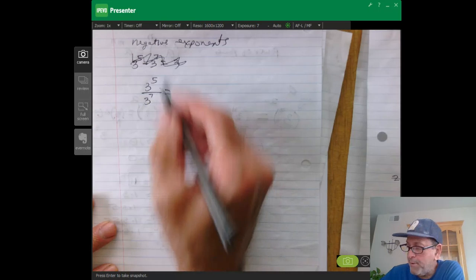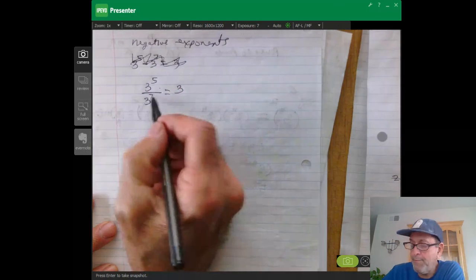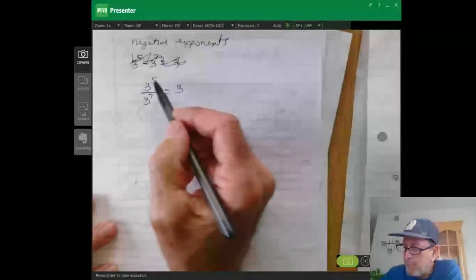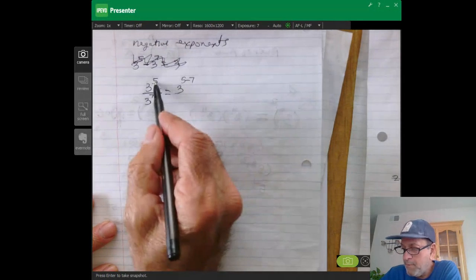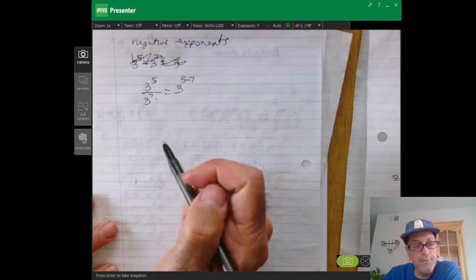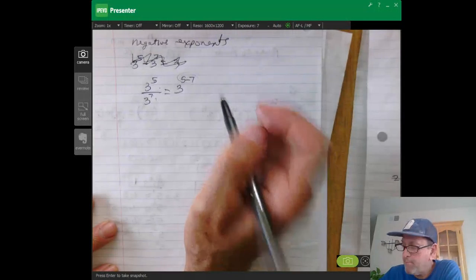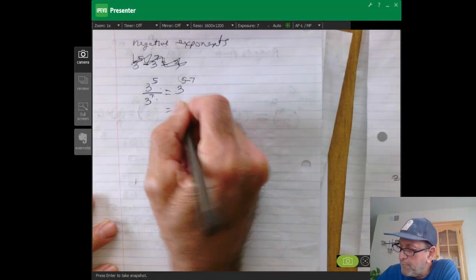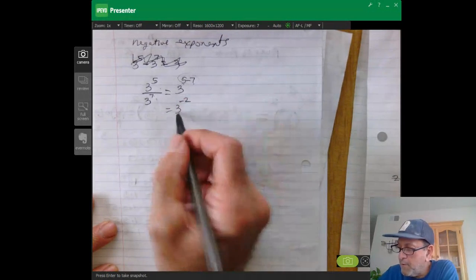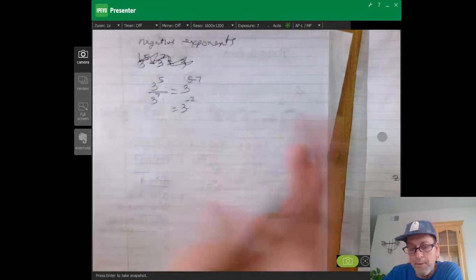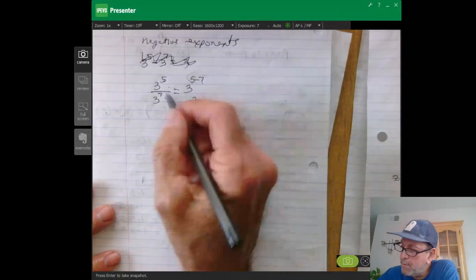Now when we divide, the quotient property tells us we can subtract. So you just have to make sure that you don't switch the order. It's 5 minus 7, numerator subtracted by the denominator. 5 minus 7 is negative 2. So that's where you get a negative exponent. Now the question is, what is that equal to?